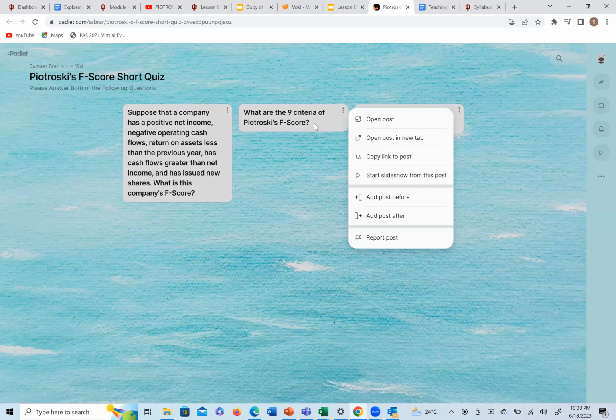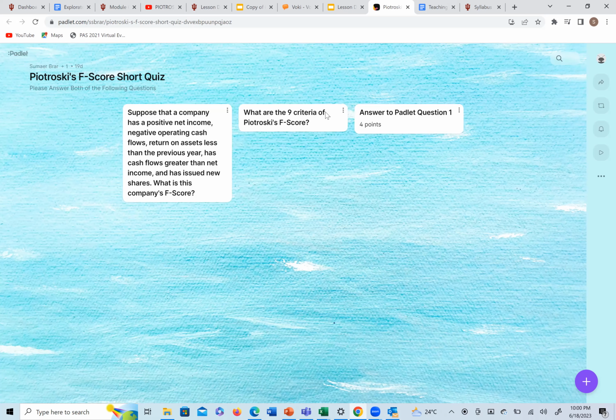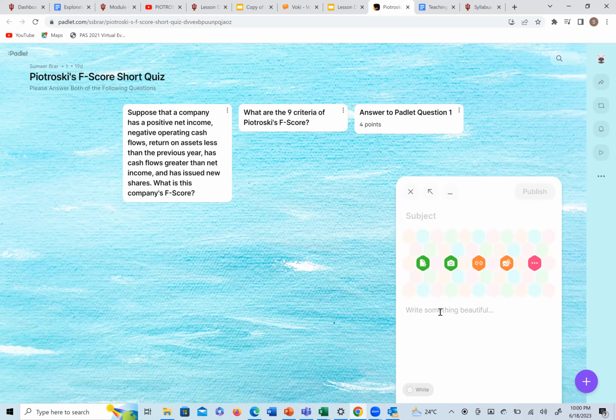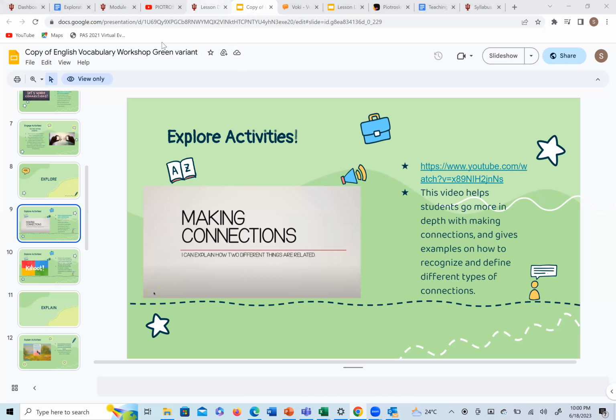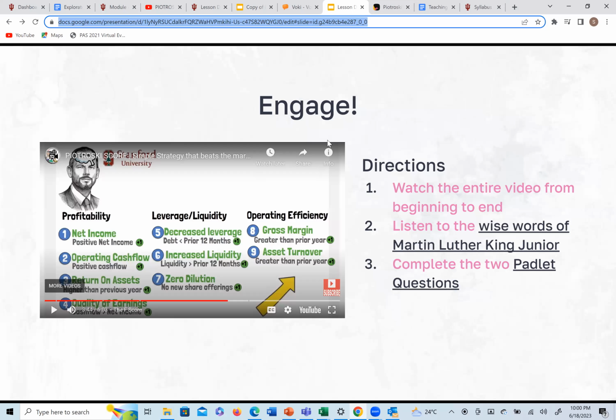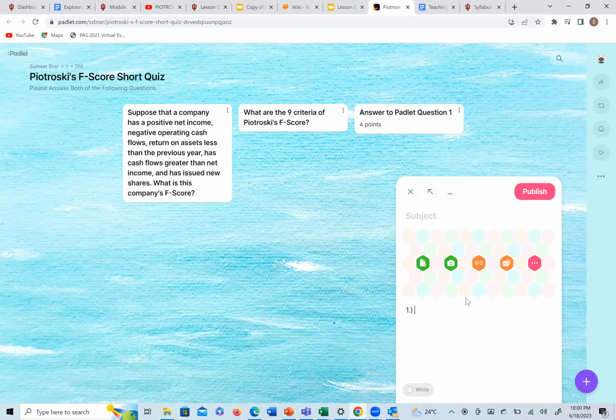And so our second Padlet question is asking us how many criteria are in the Piotrowski F score. And so obviously we have our list. As we can see from the video, our first criteria is that we have a positive net income. So we're going to write that down. Positive net income.